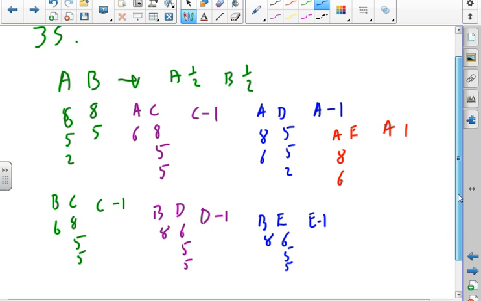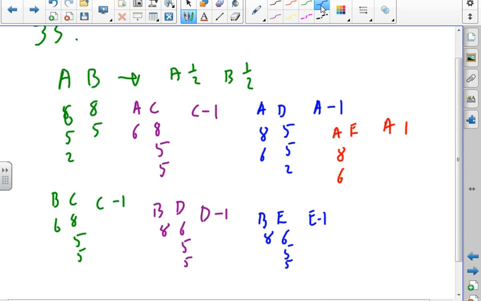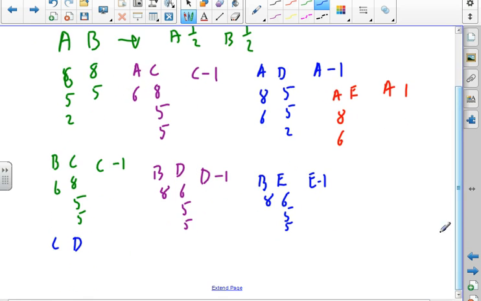Okay, then we're going to look at C versus D. C gets 8, D gets 6, C gets 5, D gets 5, D gets 2. Is that a tie? That's a tie. C gets 1/2, D gets 1/2.